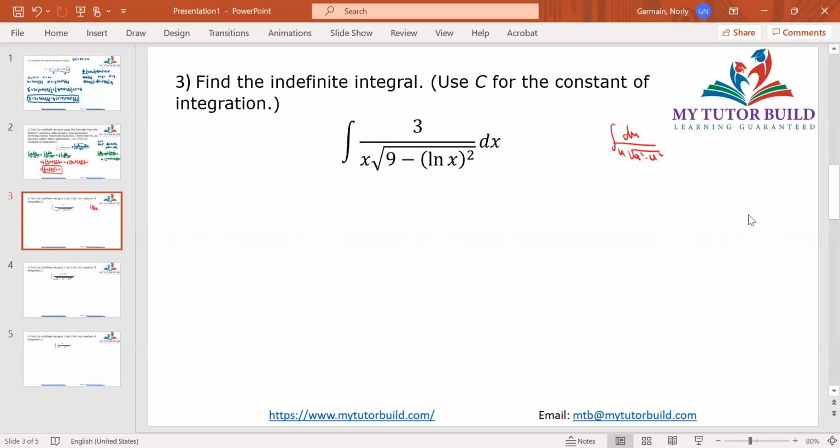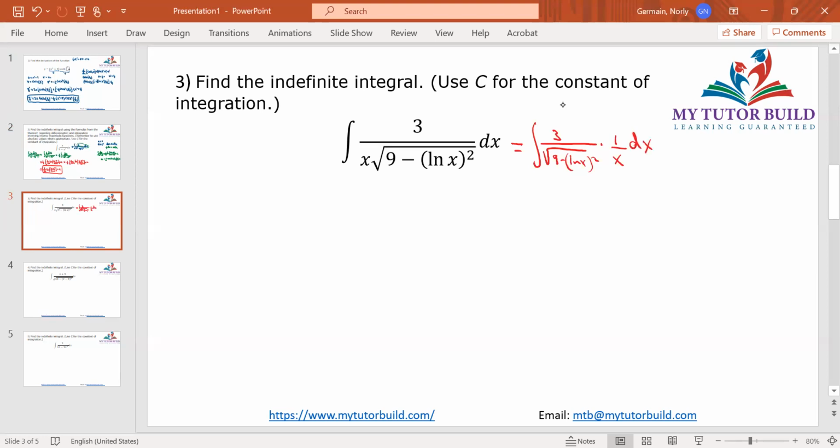So we cannot use this property. We need to think of something else. I see that I can rewrite it as 3 over square root of 9 minus ln x to the power 2. I can bring the 1 over x over here. So that's still the same thing.